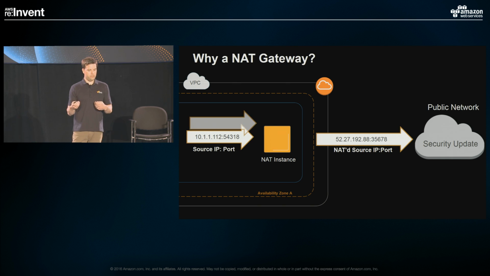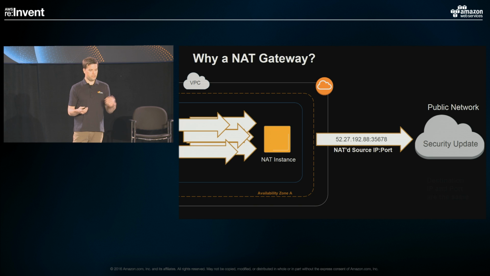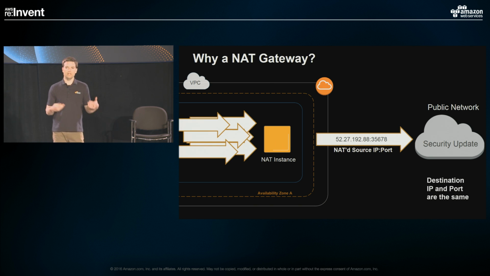It has to be a unique connection for every single one. So as you have more and more and more connections going out to the same destinations, every time you're opening a new connection on the NAT instance, it's having to check its table, choose a new unique source port, and in a very atomic and transactional way, open that connection and make sure that that source port is unique.